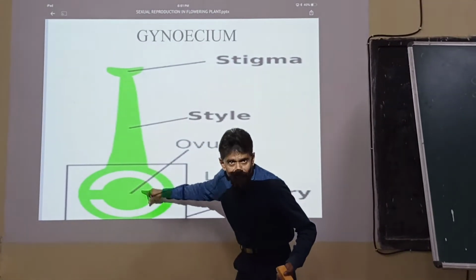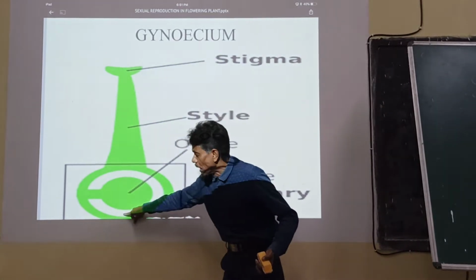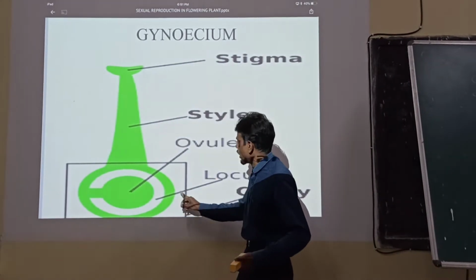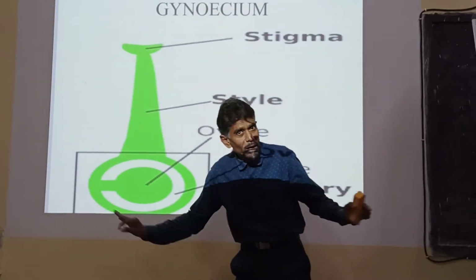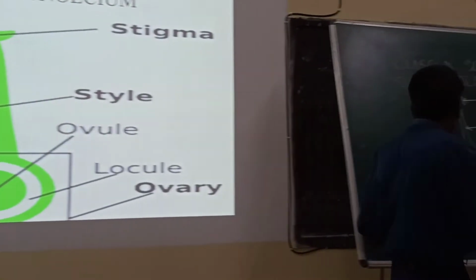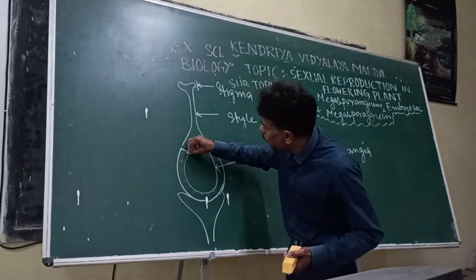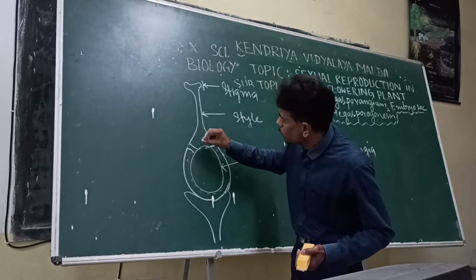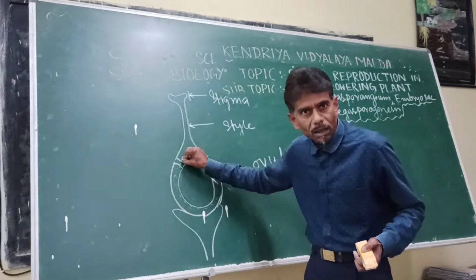This ovule is nothing but the megasporangium, connected with the ovarian wall by means of the placenta. Is it very clear? If I draw it here, this is the ovule, remaining connected with the ovary wall with the help of a placenta. So, this is the placenta.